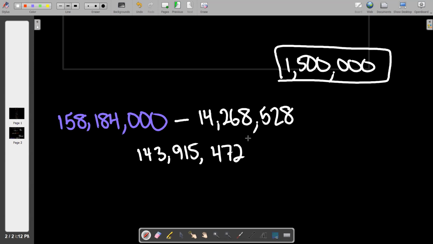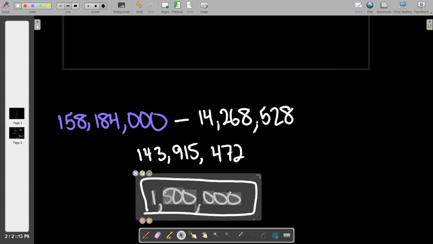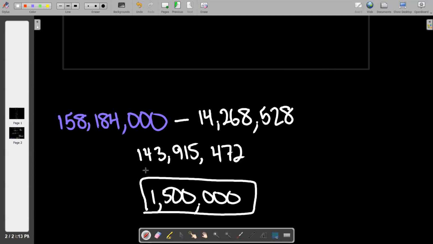There's a buttload of license plates possible in California's system. Only 14,268,528 are currently in use, right? So if I subtract the ones that are currently in use, I'm left with a buttload still. And then I took that buttload and I divided by the number that are predicted to be new every year. And I came out with around 96 years.